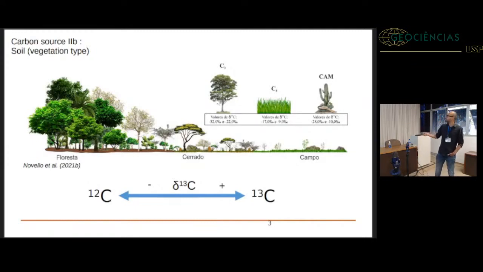Another thing that complicates interpreting vegetation using δ13C is the cactus, because the isotopic composition of cactus ranges between -10 and -28, which overlaps C3 and C4 plants. So when you have cactus, you basically have a mixed signal. But anyway, the vegetation provides CO2 to your soil, which will dissolve your limestone, which will go to your stalagmite. So the changes in vegetation and environment on top of your cave will affect δ13C.